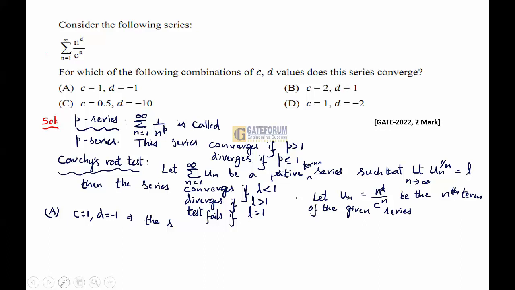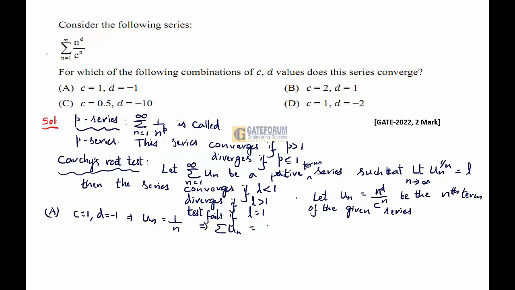So in this, when C comma D are 1 and minus 1 respectively, substitute in un is equal to n power minus 1, which can be written as 1 by n. 1 power n is nothing but 1. So this becomes 1 by n. Okay. Implies, apply summation.